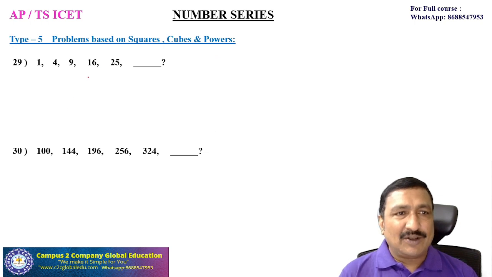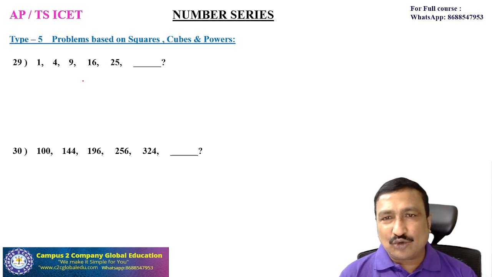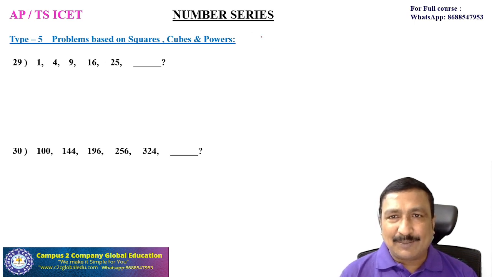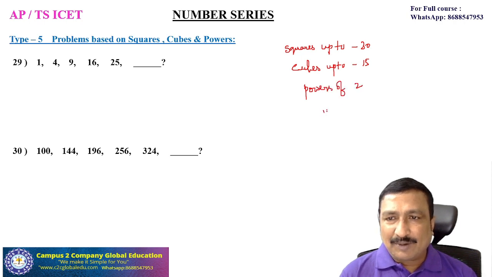Now look at this model. It's based on squares, cubes and powers. I already told you, if you want to perfect the number series, we should be thorough with the squares up to 30, and cubes up to 15, and similarly powers of 2, powers of 3 and powers of 5.